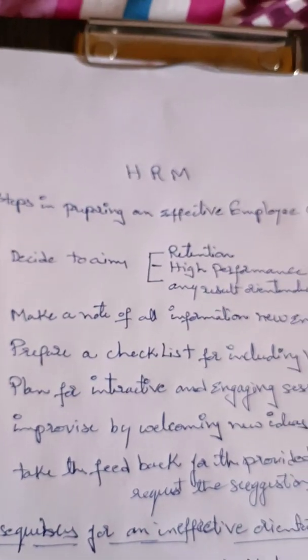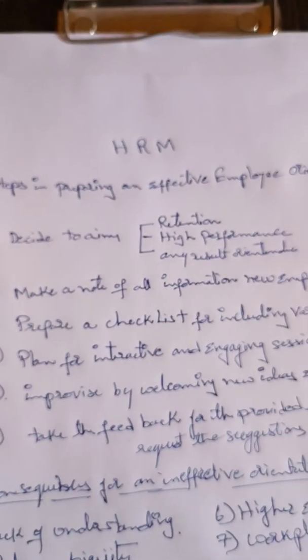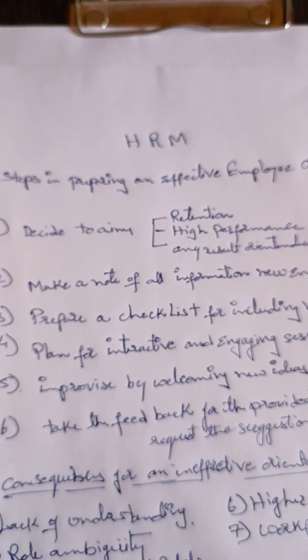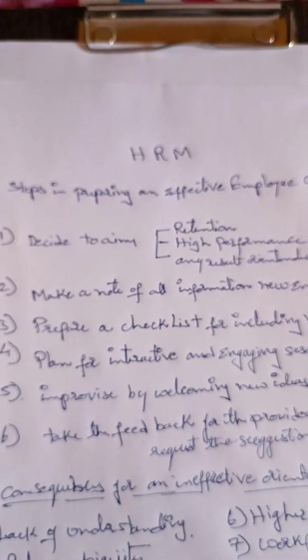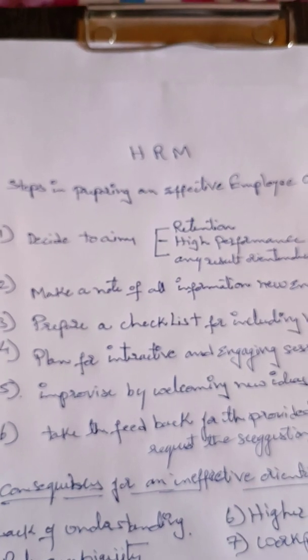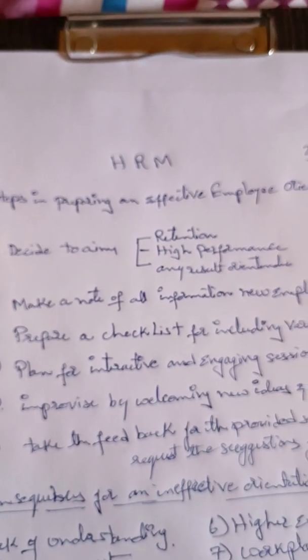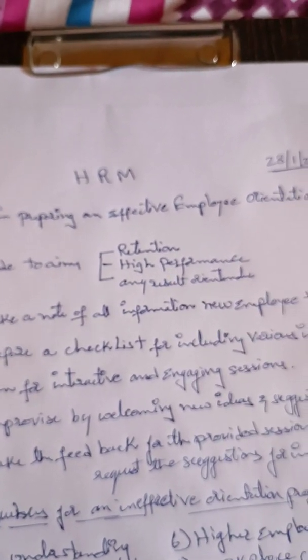As we have stated on the different types of employment needs, when we are making a new person come into our organization, we have to make a note of all the information that is needed for his job to be done.